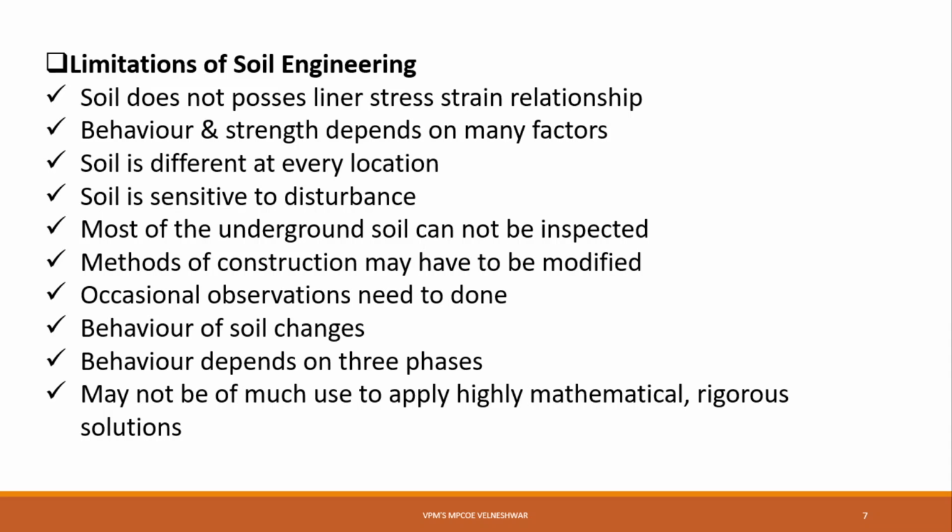So the behavior of soil depends on these three phases. Then the next one is that it may not be of much use to apply highly mathematical, rigorous solutions to a material like soil whose properties cannot be determined to the same accuracy. So we cannot apply mathematically rigorous solutions to soil.